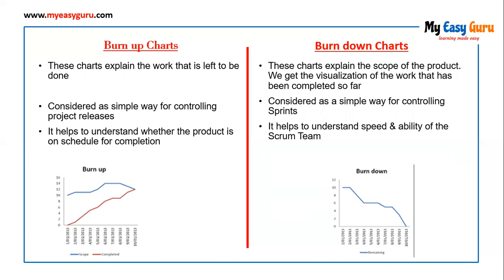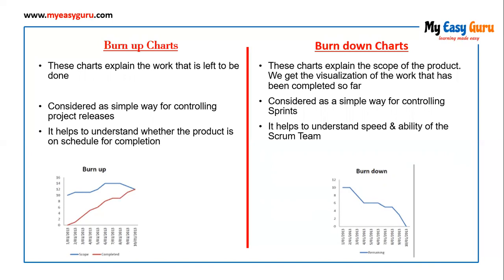So these charts explain the work that is left to be done. These are the burn up charts. While burn down charts explain the scope of the product. We get the visualization of the work that has been completed so far.